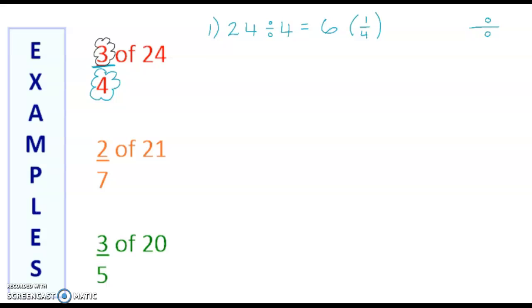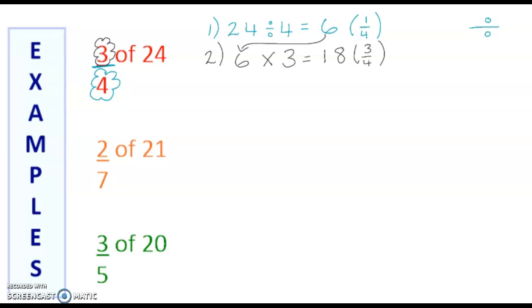I'm going to do step number 2, which is my answer, bloop, and I'm going to times it by 3. So 6 times 3 is 18, and that is 3/4 of 24. What a handy trick that is.